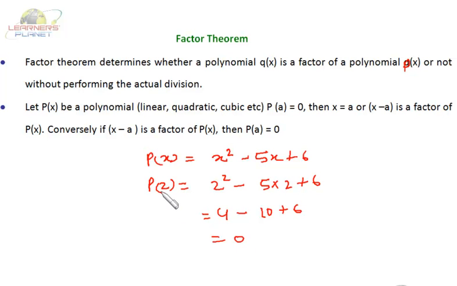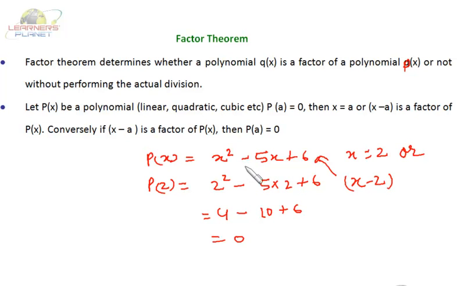That means p(2) is equal to 0. So if I put x as 2, I get the value of this expression as 0, which means x minus 2 is a factor of this polynomial.